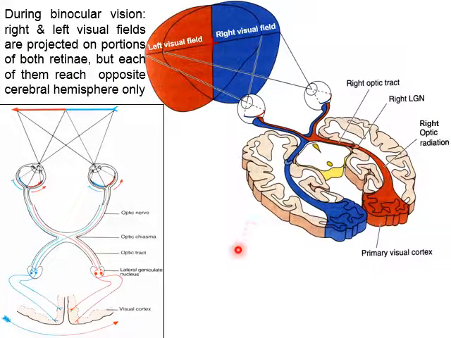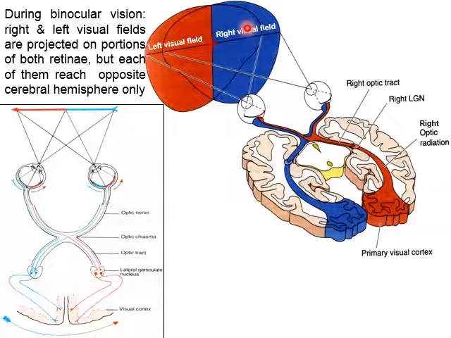This slide just repeats the same information in a different way so that you can understand it very well and don't mix it up or forget it. As you see, here are the two eyes, and in front of you this is a visual field. This is the right visual field, and this is the left visual field.